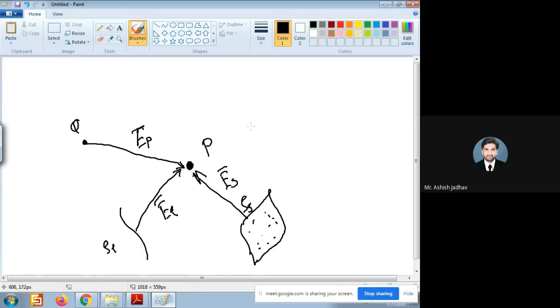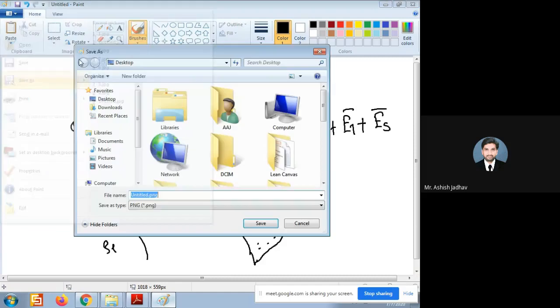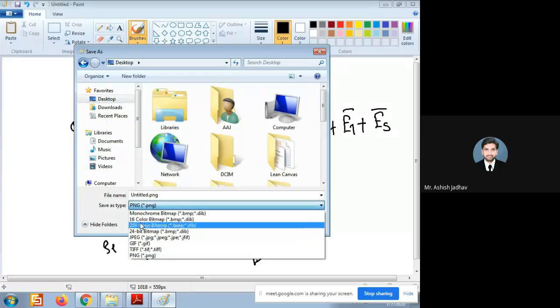And finally, you can write E bar at P is equal to EP bar plus EL bar plus ES bar. Are you getting? If I have given you the point charge, line charge, and surface charge, how will you calculate the electric field intensity at point P, right? So to solve such kind of examples, let us proceed. Hope you are ready with pen and notebook.